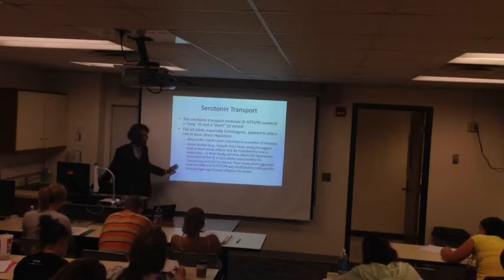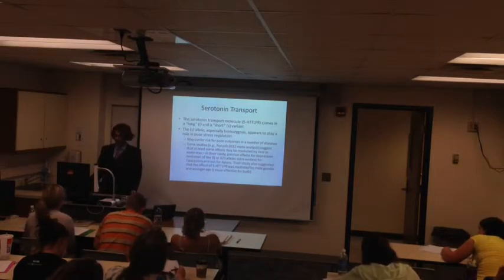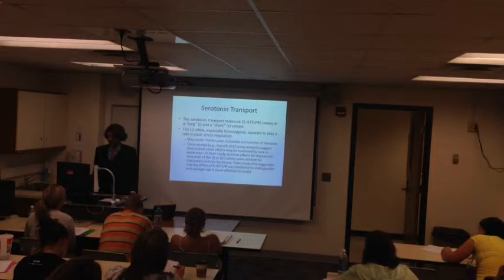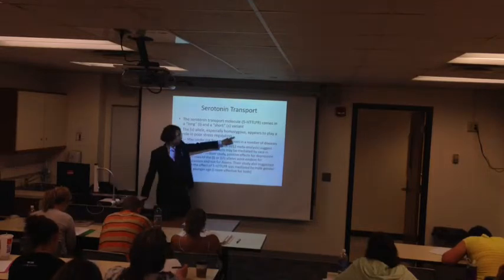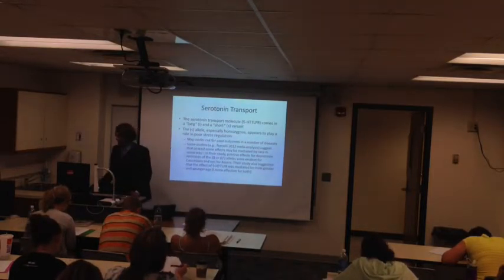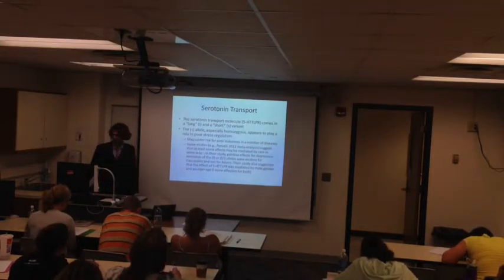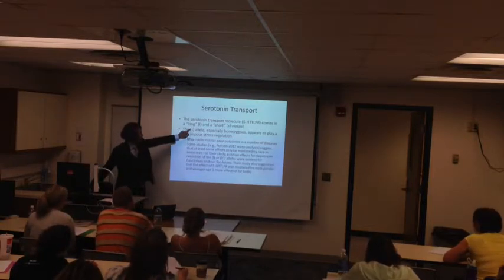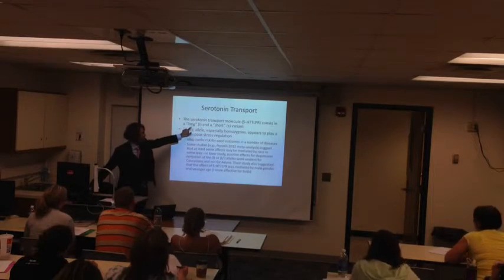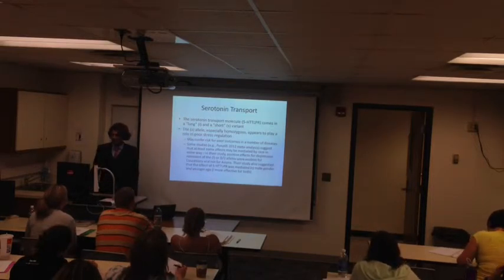I want to mention briefly the serotonin transporter, if you haven't already heard of it, because it does receive a lot of attention in neurobiology. The serotonin transporter molecule has this long abbreviation, 5-HTTLPR, which sounds almost like it may have to do with the World Wide Web instead of the brain, but the 5-HTTLPR has a long and a short variant.